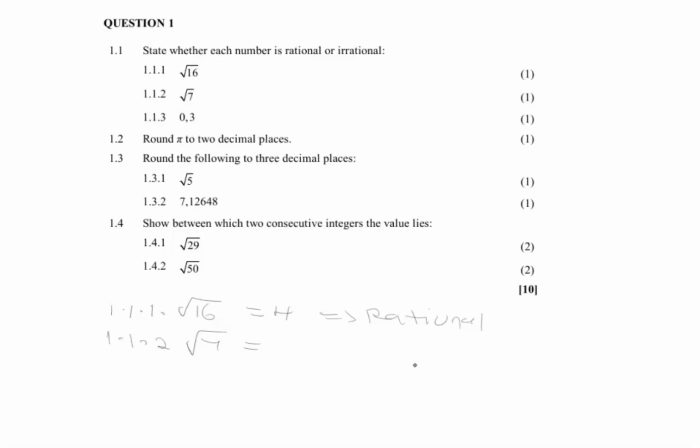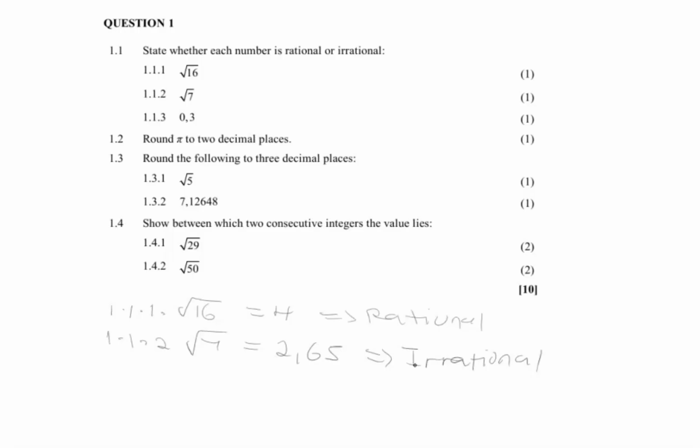The square root of 7 in decimal form is 2,65, rounded off to 2 decimal places. 2,65 is irrational. Why? The number is irrational because it cannot be written as a fraction.